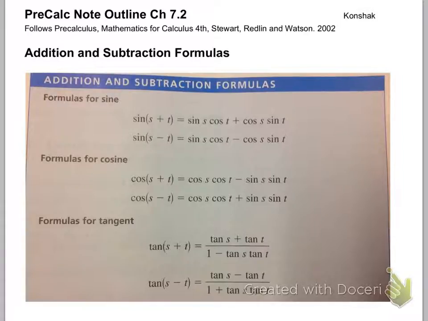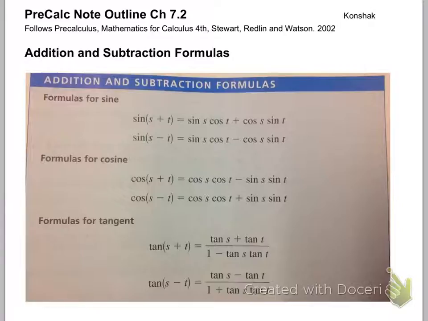And then tangent is still a formula, but it's a little bit different. What you should notice is that sine keeps its sign, where cosine is the opposite sign.